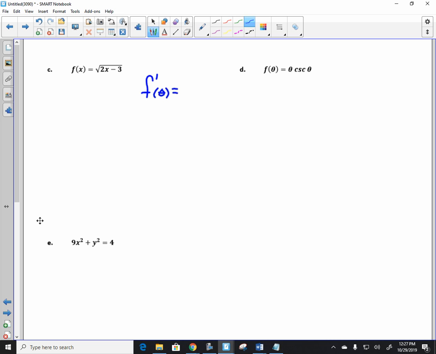How do I take the derivative? Product. I'll treat this as F. I'll treat this as G. What is F prime? 1 times cosecant of theta, plus theta times, what's the derivative of cosecant?